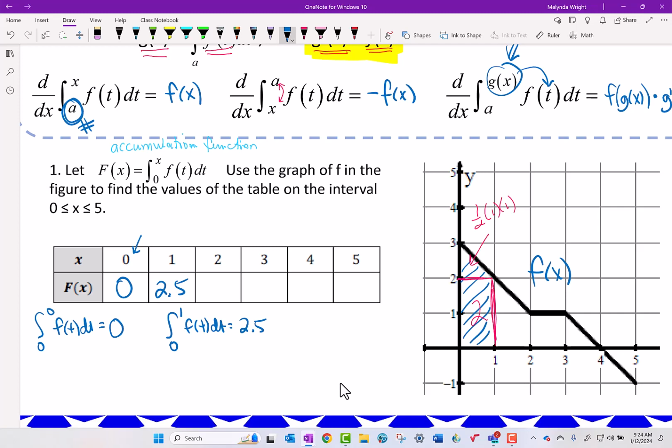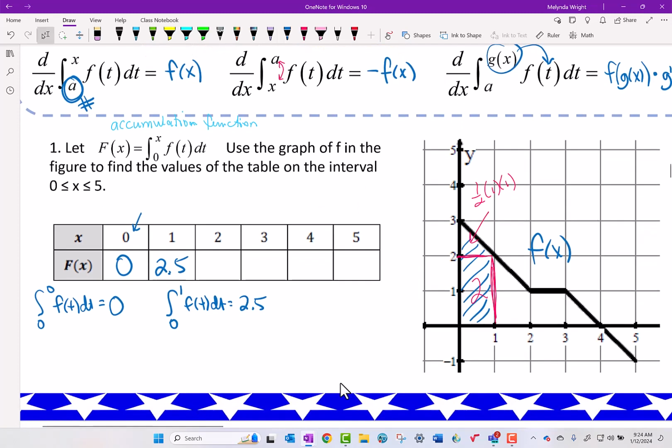Now we want to do the integral. We're doing 2, from 0 to 2 of f of t dt. So I still have to include this area right here that I already calculated, because we're going from 0 to 2, but we're going to add on, or we're going to accumulate area. We're going to add more on. So now I need to add on this part right here.